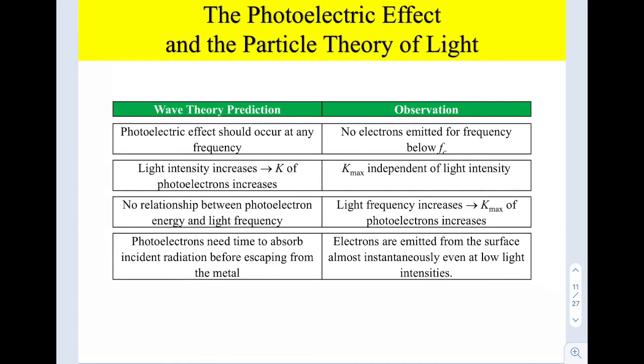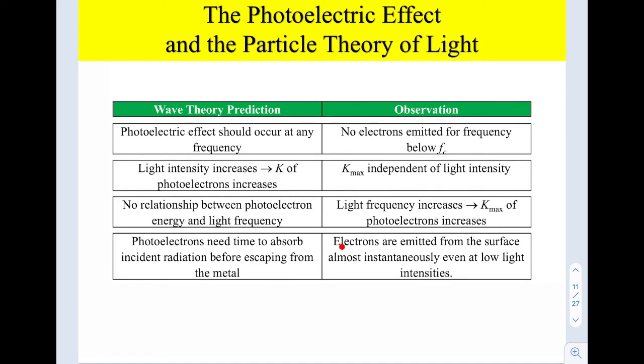So that means if low light intensity is being used and we give it time, let's say 1 hour or 2 hours, then the energy absorbed by the electron is going to be enough, and the electron is going to be ejected or escape from the atom or the emitter plate.